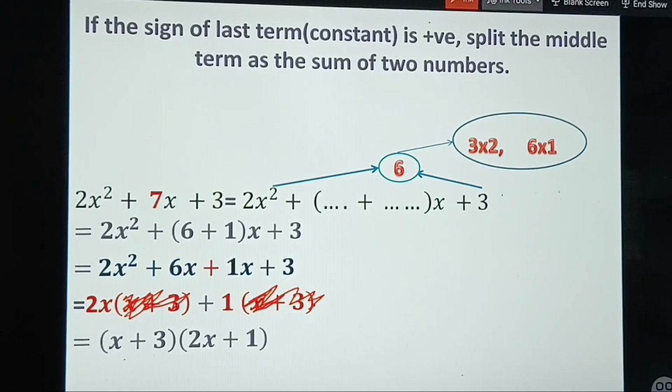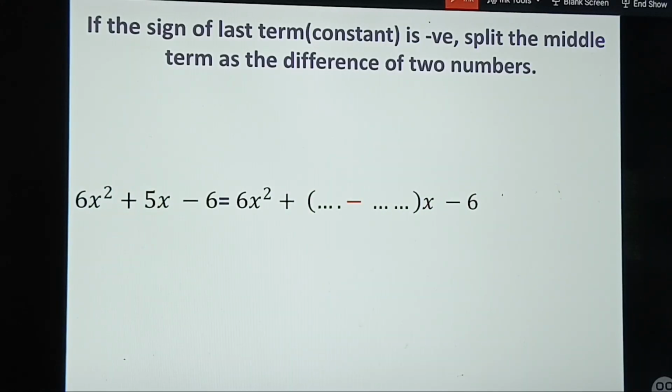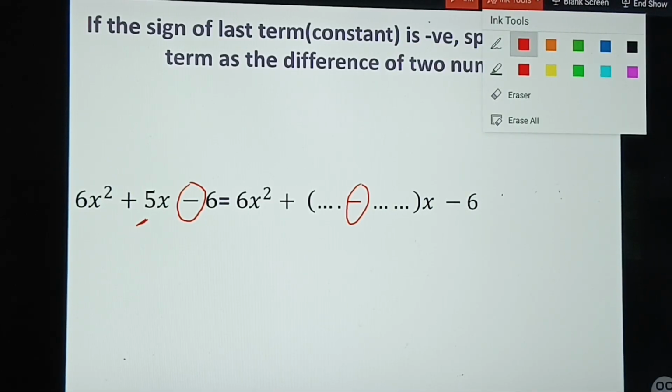Hope you got it. If the last sign is plus, we can do it like this. If the sign of the last term is negative, then you have to split this 5, the middle term, as the difference of two numbers. This is the only difference from the previous, and the rest are all the same.